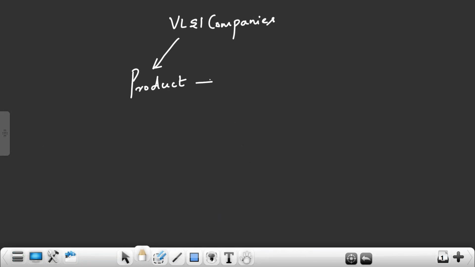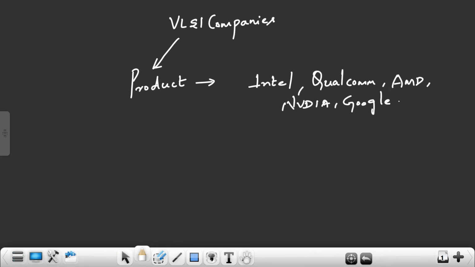You have Intel, Qualcomm, AMD, Nvidia, Google, right? And also Cadence, Synopsys, all these.